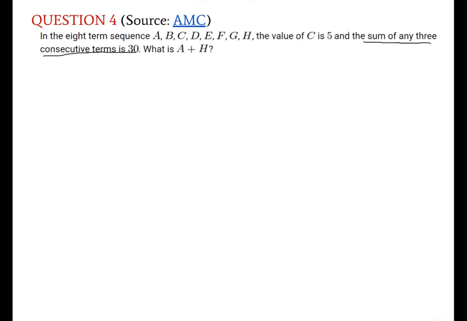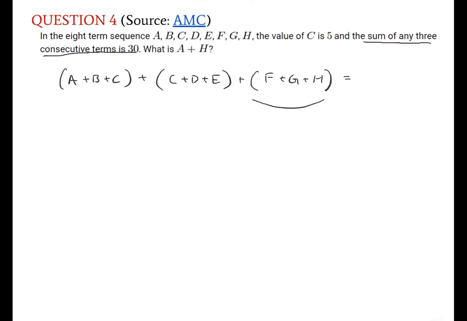So if we know that the sum of any 3 consecutive terms is 30, then basically A plus B plus C, plus C plus D plus E, plus F plus G plus H. All of these are sets of 3 consecutive terms, and we know that these are all 30. So basically all of this adds up to 90.